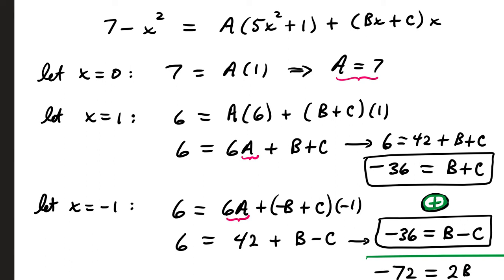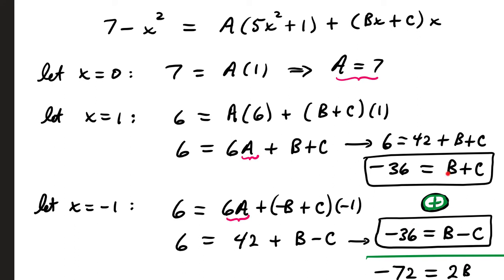Distributing the negative 1 and replacing a with 7, that gives us 6 equals 42 plus b minus c. And subtracting 42 from both sides gives us the difference between b and c has to be negative 36.